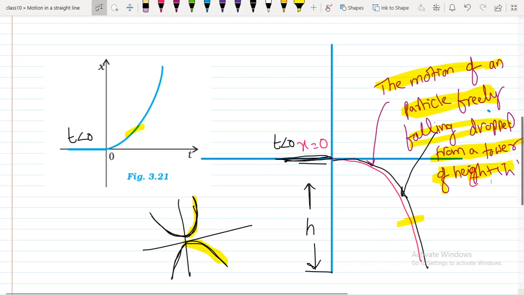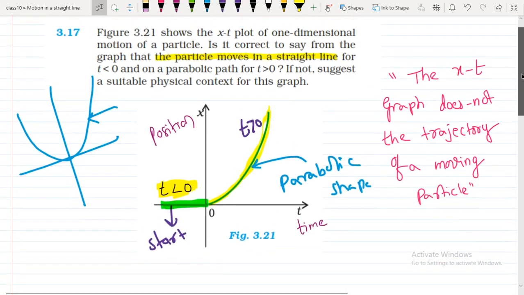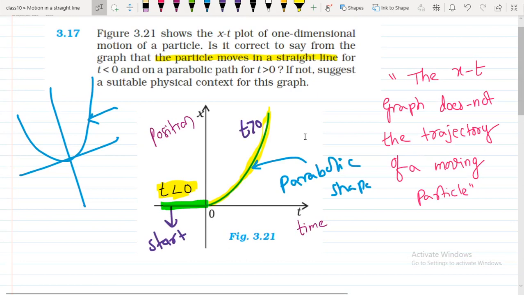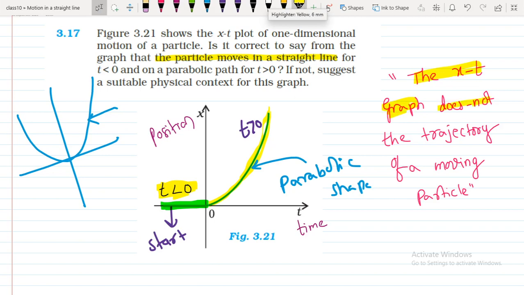The graph represents the position versus time, but it does not represent the motion of an object moving in a straight line. So here you should remember, the position versus time graph does not represent the trajectory. The trajectory means the way in which the object is moving. Here it is mentioned it is moving in a straight line, but no, the graph does not show that.